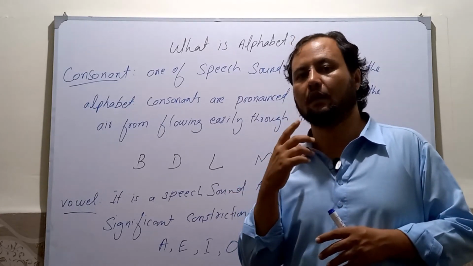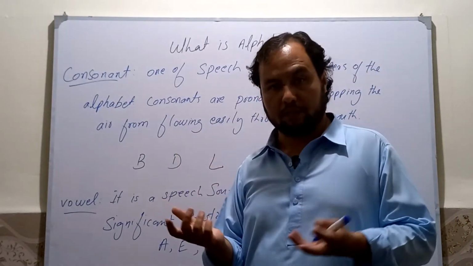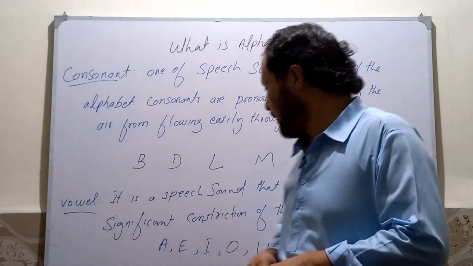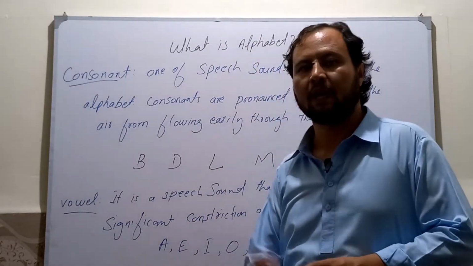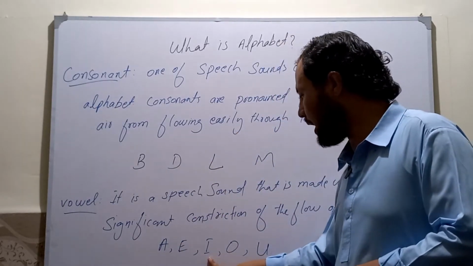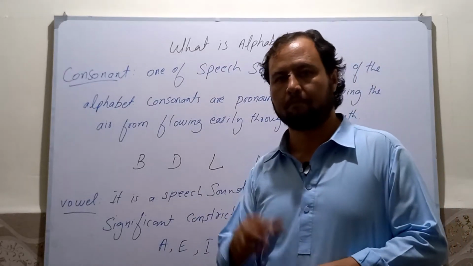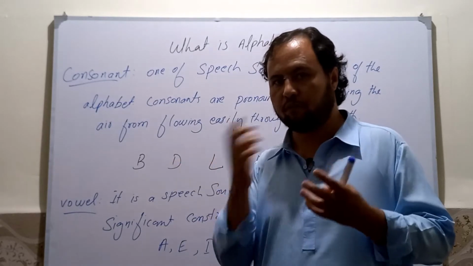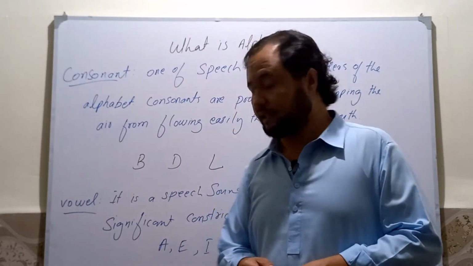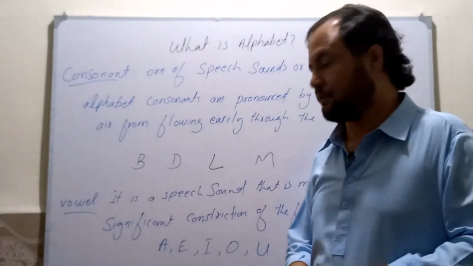We will not involve our tongue or, for example, our lips. It looks like it is coming out directly from our throat. For example, A, E, I, O, U. When we pronounce them, we do not involve our tongue or our lips. Directly, the air is coming out from our throat.